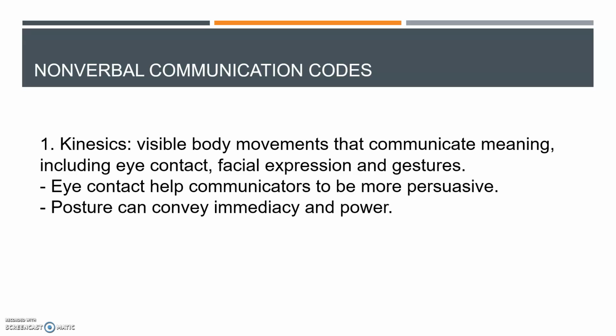First, eye contact can help communicators to be more persuasive. A textbook described a study that investigated the influence strategies used by street beggars when they attempted to get some money from strangers.